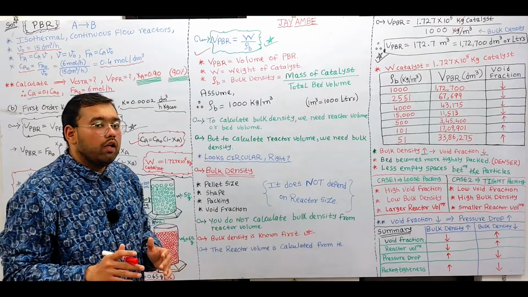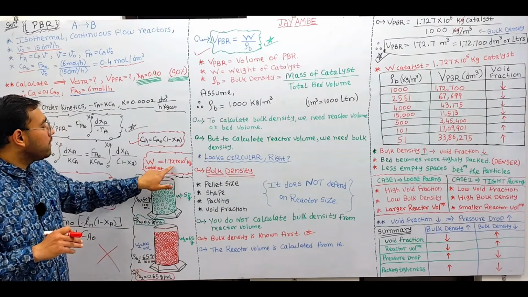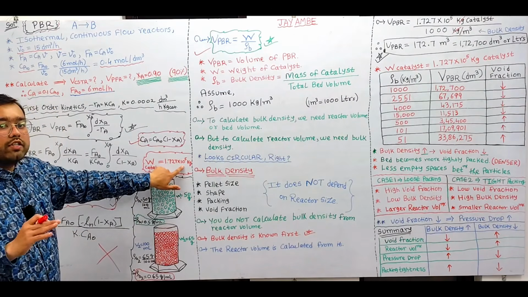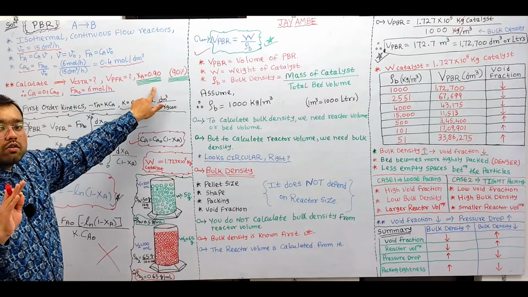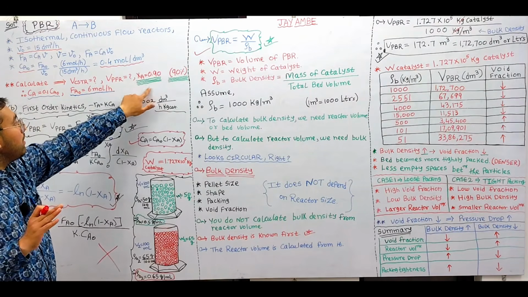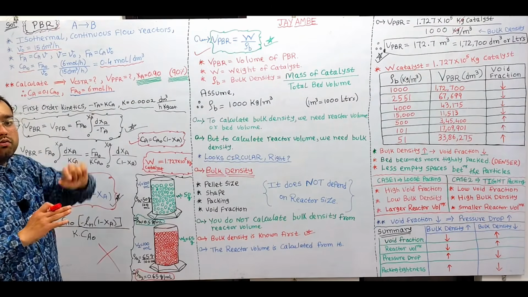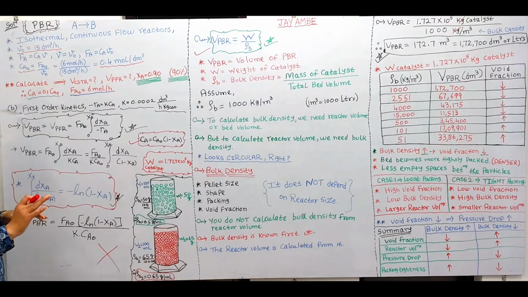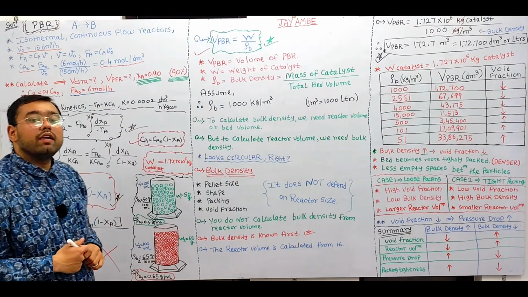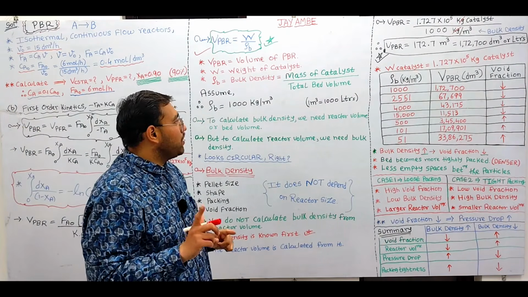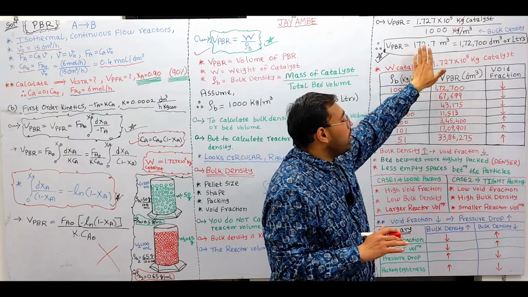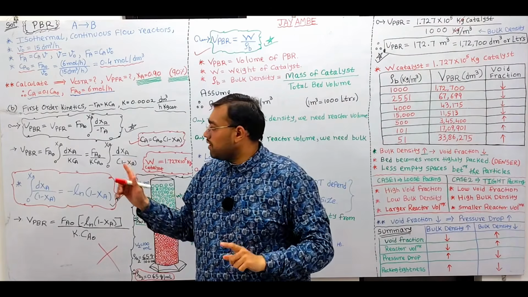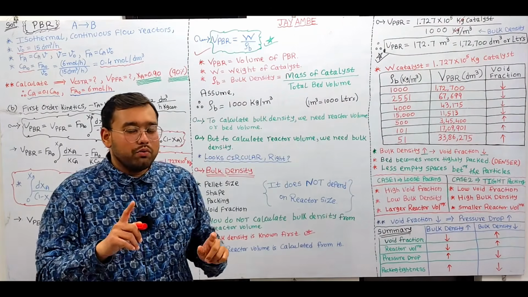A weight of 1.727 × 10^5 kg catalyst is required in order to achieve the desired conversion of 90%, where the reactant A is getting converted into the product B, for the given first order reaction kinetics, where the rate law is -r_A = k C_A. So finally we have completed the calculating and designing of the volume of the packed bed reactor for the first order reaction kinetics. I hope you have understood.